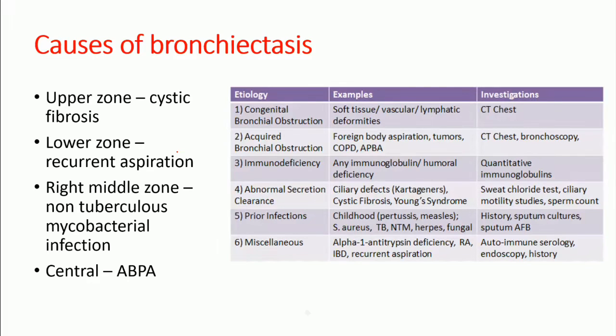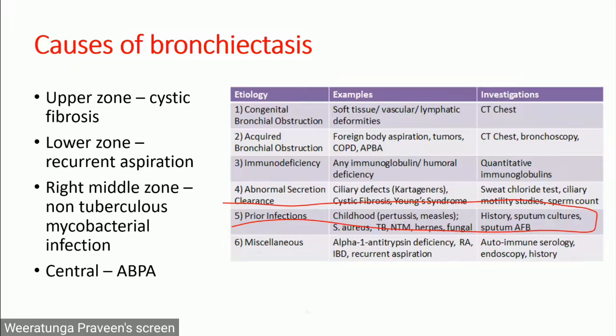So, etiology of bronchiectasis: what we see most of the time, especially in our countries, is secondary to prior infection. So previous infection-related bronchiectasis is what we commonly see. Things like post-TB bronchiectasis, and NTM here stands for non-tuberculous mycobacteria, so post-NTM bronchiectasis. And sometimes they have very severe pertussis or measles in childhood and then get bronchiectasis. So a large majority of our patients with bronchiectasis are due to this sort of prior infection.